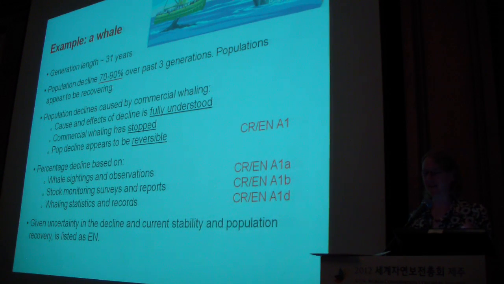I didn't actually go into uncertainty earlier on, but uncertainty, if you have a wide range of figures in your data, and you're not sure which end of the scale to go to, you then do have a degree of subjectivity in your final assessment, that you have to justify. You have to justify, well, I'm going for the higher category because, in actual fact, declines within the last 3 generations have mostly been at that end of the scale. It's just that recent data we're not quite sure if it's verified enough to actually say the decline is now estimated at a lower rate.